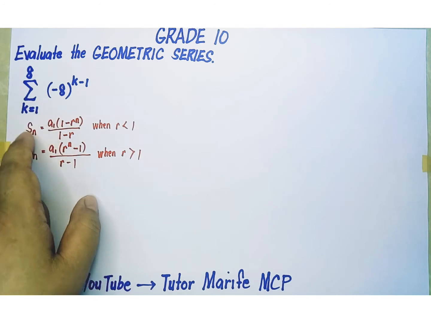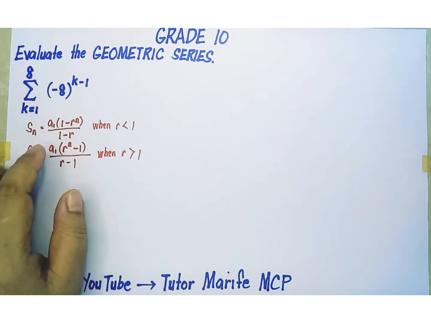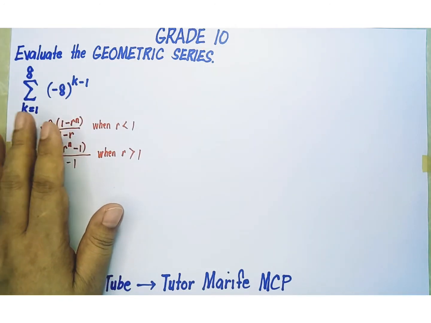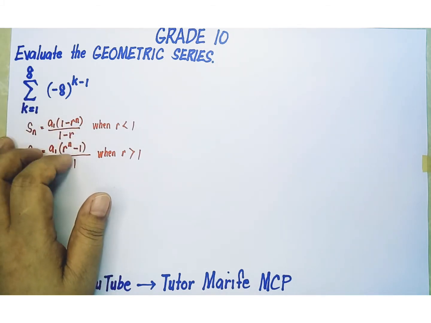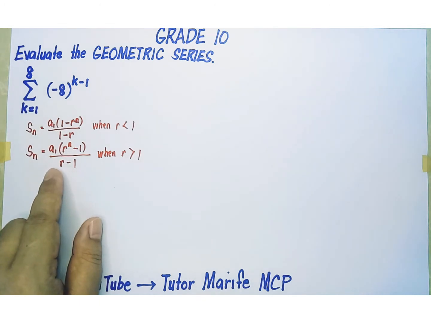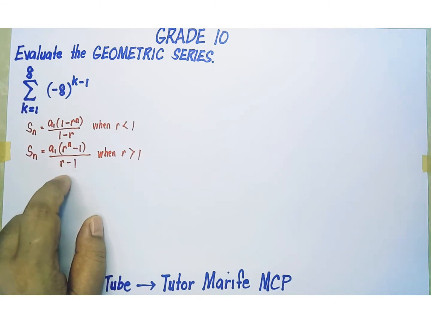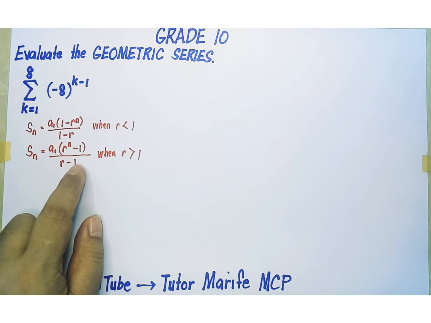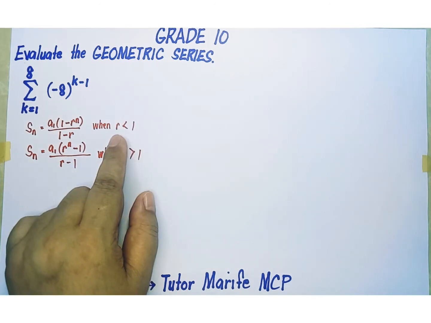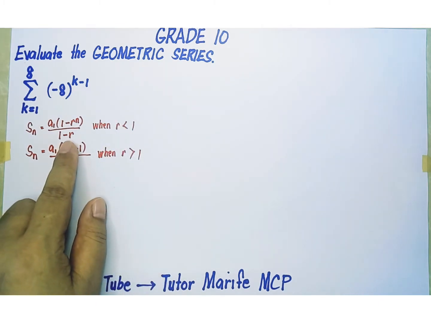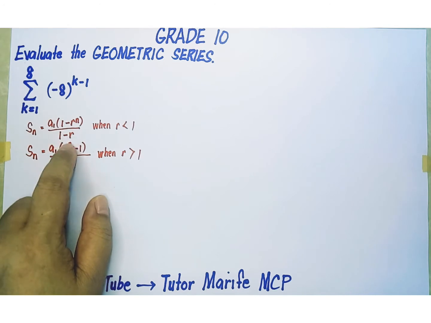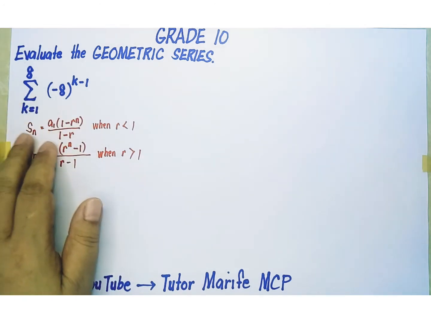So, yung ibang grade 10, nakafocus lang sa iisang formula. Okay? Ang purpose lang naman kasi nito, which formula to use, is if you want to make your difference in denominator always positive. That's why you take into consideration if r is less than or greater than 1. So, if r is less than 1, para mag-positive yung answer dito sa denominator ng formula, gagamitin mo ito.